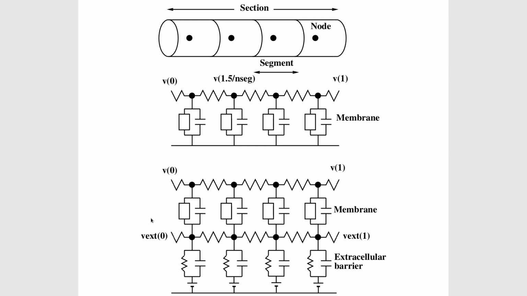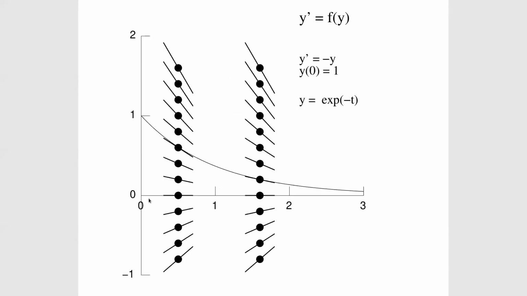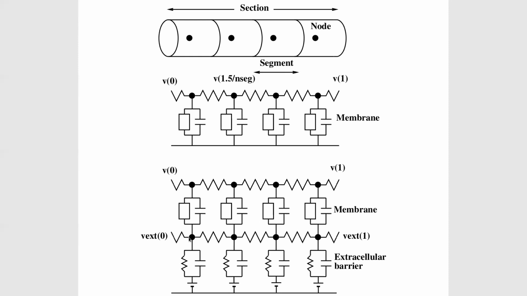Now, if you add extracellular to a section, what you get is a second layer consisting of, first of all, a longitudinal external resistance between these longitudinal nodes that represent potential at the outer surface of each segment. And then you get a parallel resistor capacitor combination and a battery in series with that, which is then connected to ground.